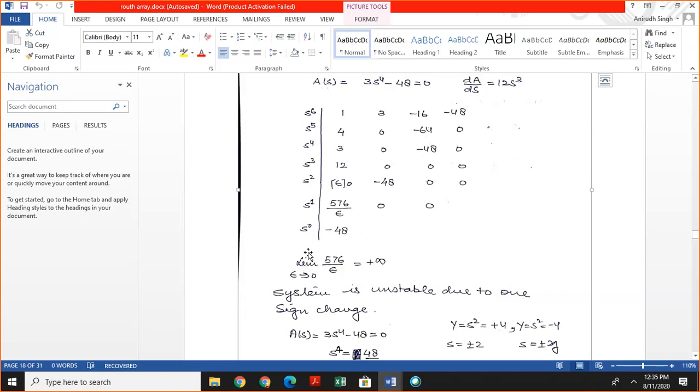When we take the limit, 7576 divided by psi as psi approaches 0, this coefficient is plus infinity, so we have 0, 0, infinity and minus 48. Minus 48 means there is one sign change, positive to negative. So the system is unstable due to one sign change.